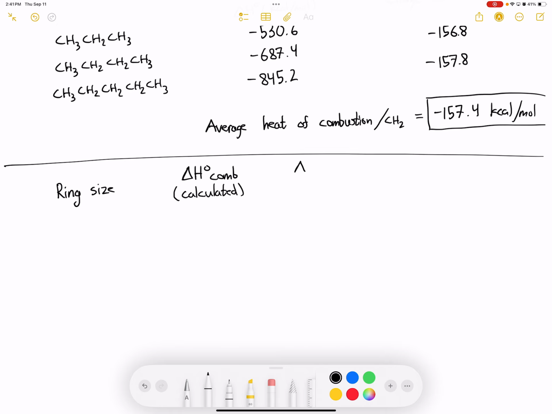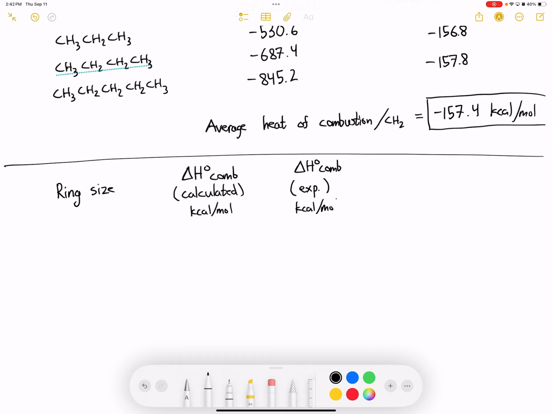And here's my delta H of combustion, here is my experimental value. These values are still kcal per mole, so let me just write that: kcal per mole.